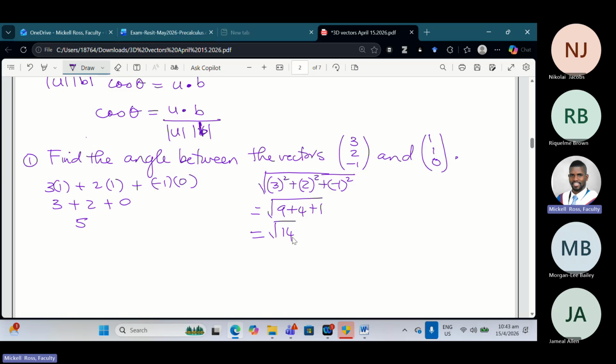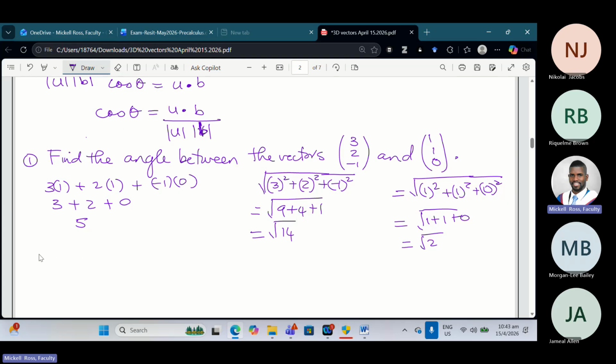I'm going to leave it as root 14 for now, not writing the decimal yet. And this is also the root of 1 squared plus 1 squared plus 0 squared, which is just root 2 for now.